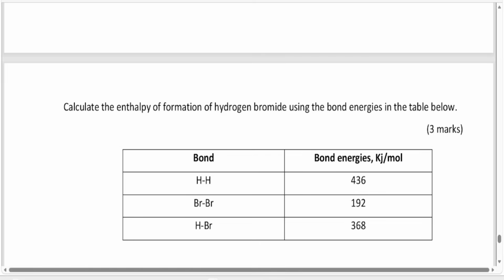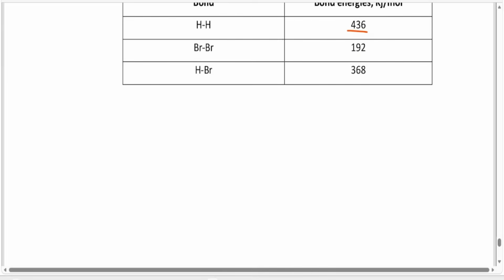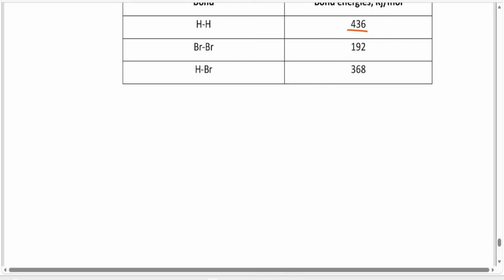We have hydrogen bond 436 kilojoules per mole, bromine bond 192 kilojoules per mole, and hydrogen bromide bond 368 kilojoules per mole.